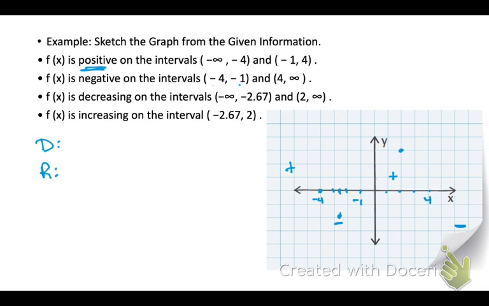And then it's going to go down here. And this is going down till we get to this point. So then it's increasing from this negative 2.67 to where? 2? Doesn't give me any x-intercepts or anything, does it? No. But it kind of does because it says it's positive till negative 4. So wouldn't that mean that's probably an x-intercept?